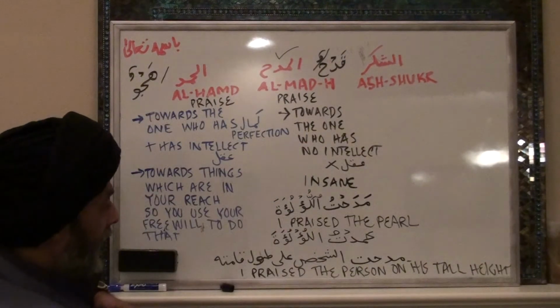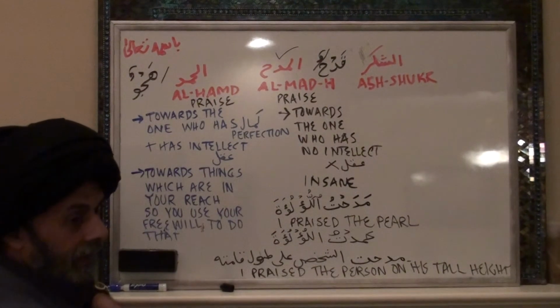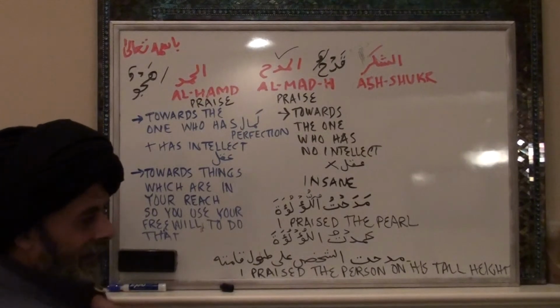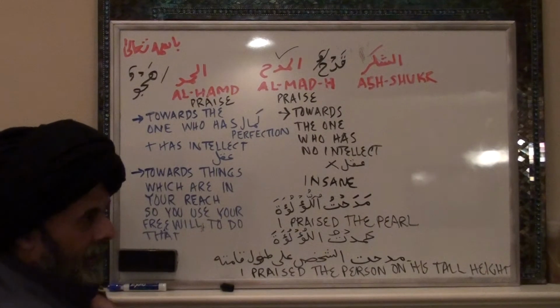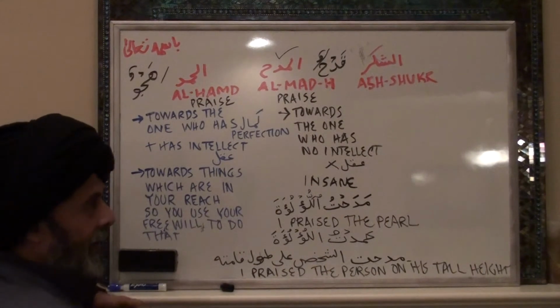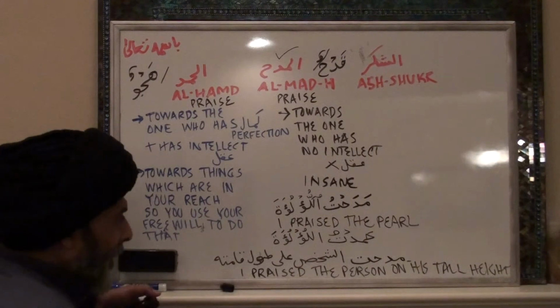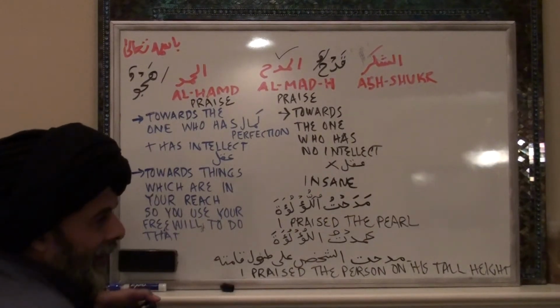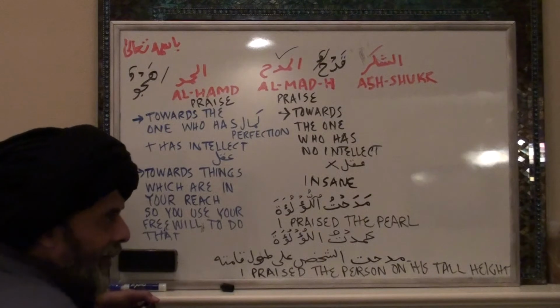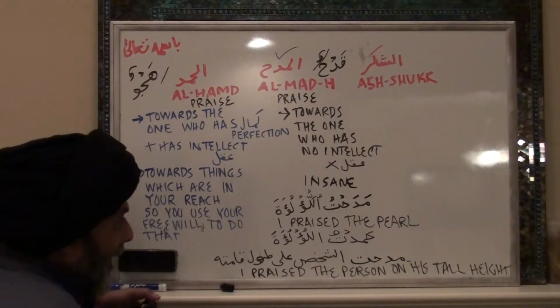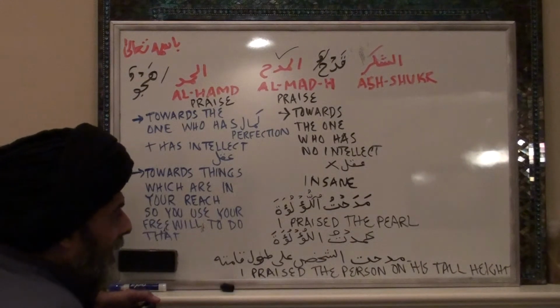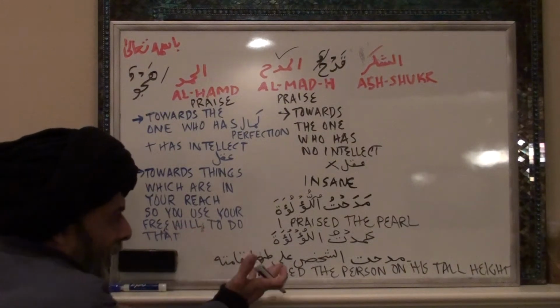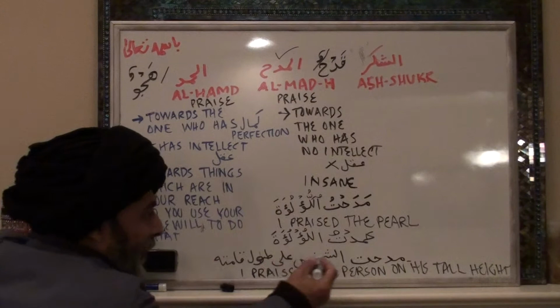Him being tall is not in his reach to acquire. His free will doesn't apply to that. That's how Allah creates a person tall or short. It's totally beyond the reach of a human to decide what would be my height. It's Allah's decision, right? My free will doesn't apply on that. So here we use the word madh.